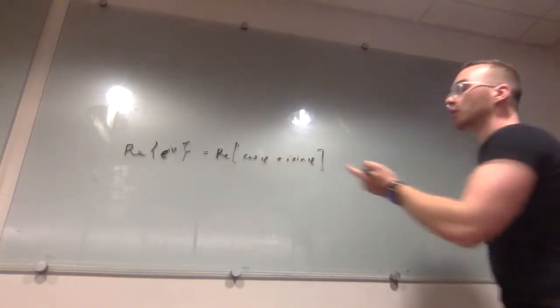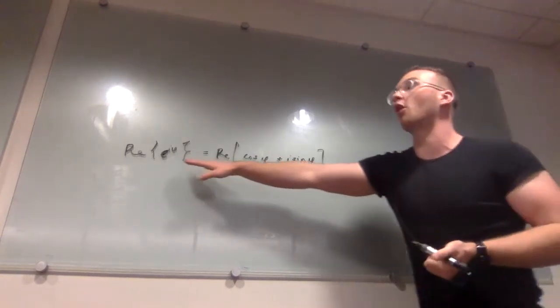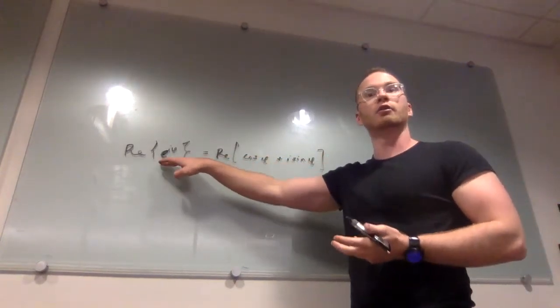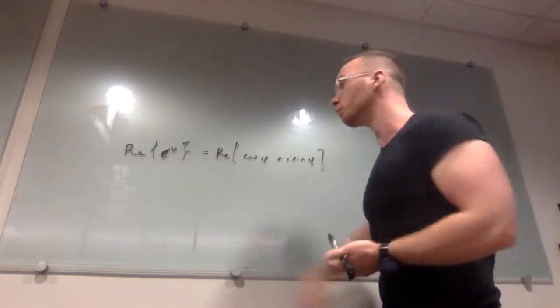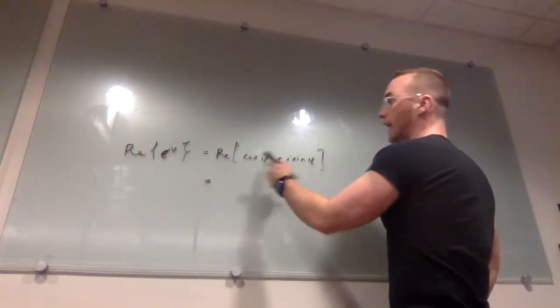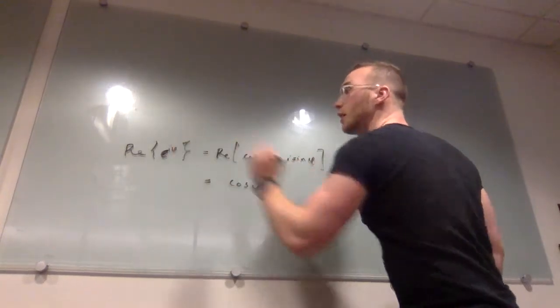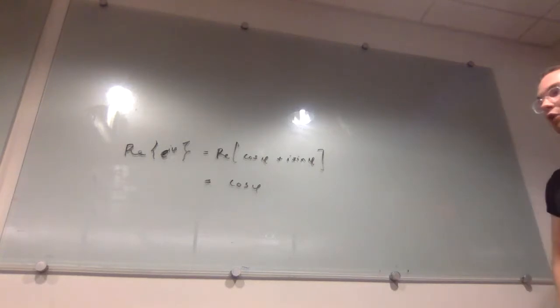So we have to know the Euler formula to break this up at all. Otherwise this is completely impenetrable. Then the real part of this, now it's x plus iy, where we just take the cosine. So the real part of e to the i phi is cosine phi exactly.